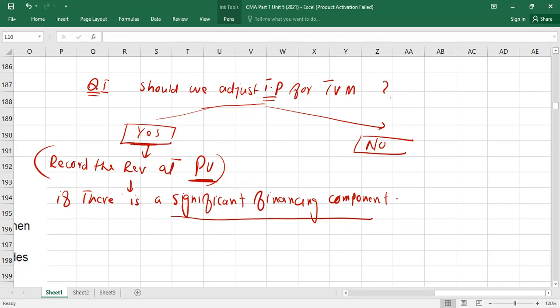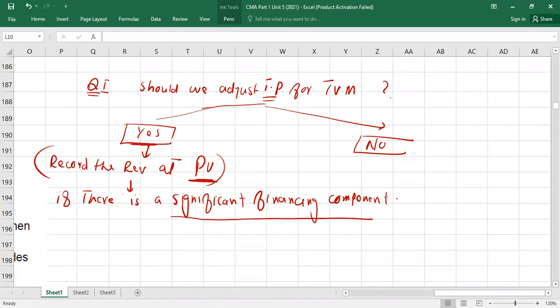I use two words: significant financing component means there is an involvement of interest, and second, there are financing benefits for the entity. If involvement of interest is there, which is called significant financing component, it means we should adjust the transaction price for the fact of time value of money.